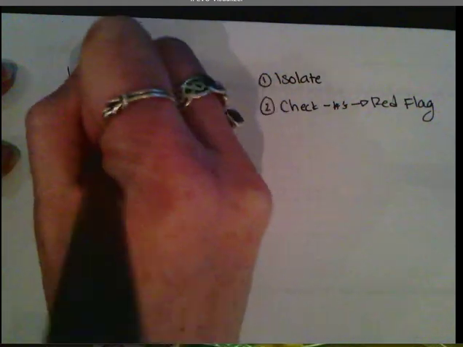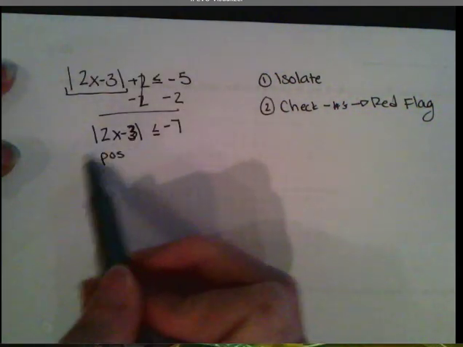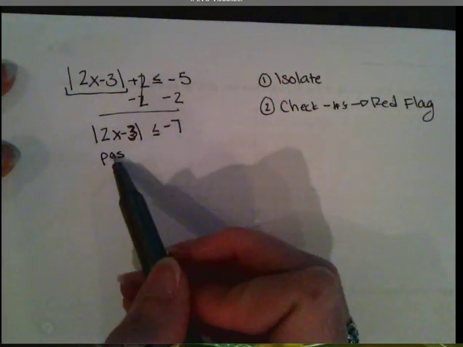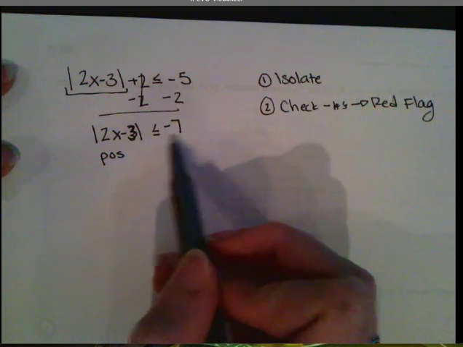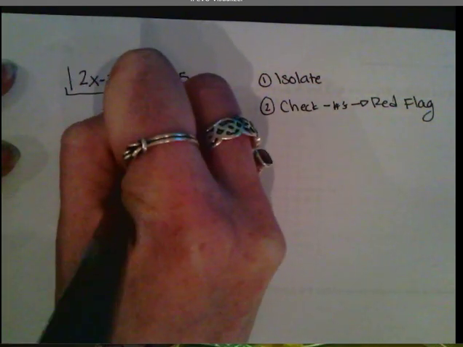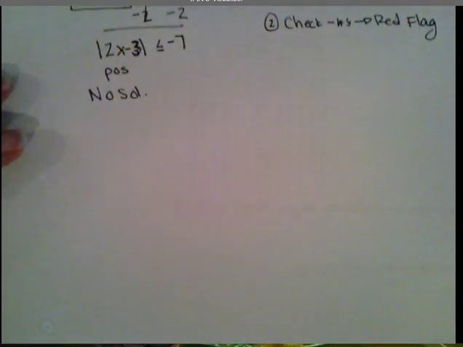So we're always getting positive numbers out of that absolute value. And so we're saying positive numbers are going to be less than a negative 7. So in this case, if I have my absolute value less than a negative number, we'll have no solution. So I can stop here, I don't need to go farther forward.